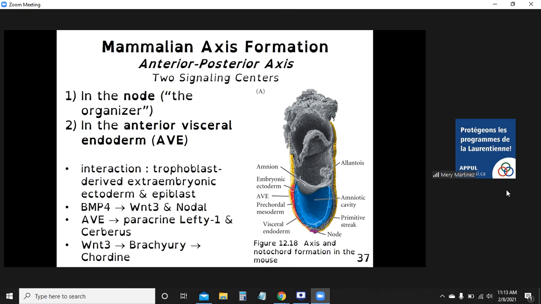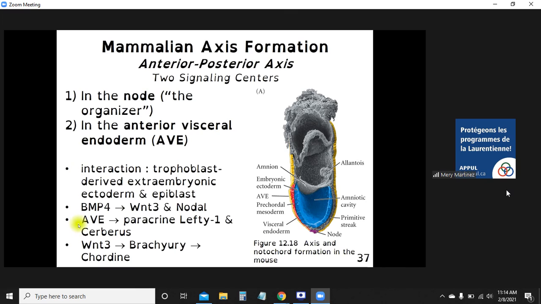BMP4, and we're going to see this in the next slide a little better. Okay, BMP4, we're going to start with that one. It comes from the extraembryonic ectoderm and induces the epiblast to make WNT3 and nodal. All of that is BMP4.